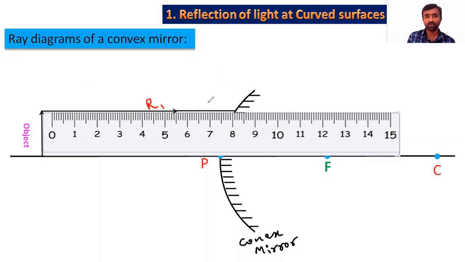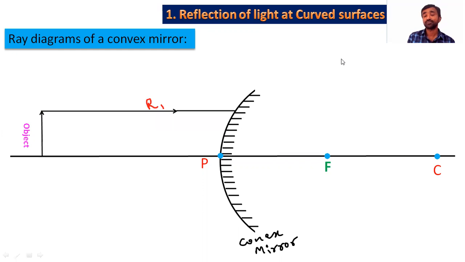So R1 is completed. Then what is the next possibility? Anyone? The next possibility is R2 or R3? Which should I select?